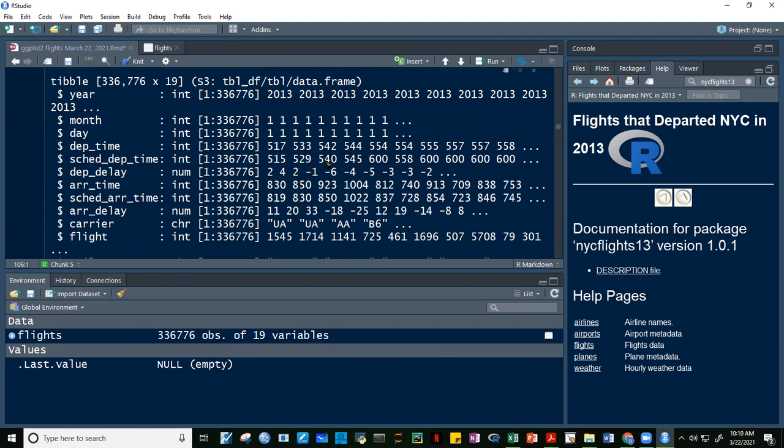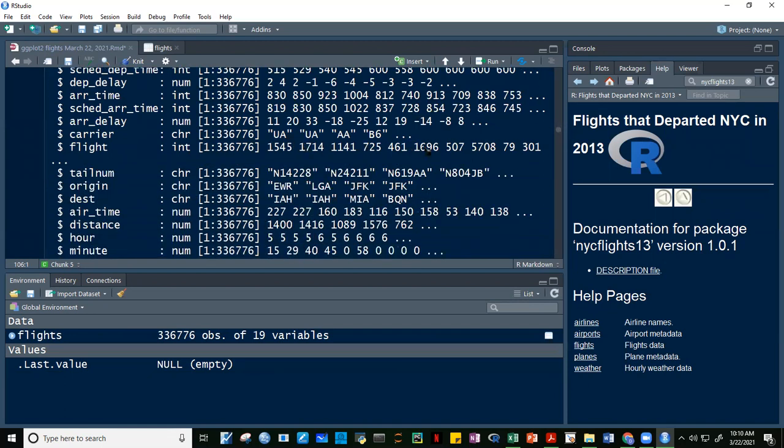In other cases, scheduled departure time 5:45, it left 5:44, so -1, meaning a negative delay, it left ahead of time. Okay, same goes for arrival time, scheduled arrival time, and arrival delay. Then carrier, the different airlines, and then their codes, and then the flight number.